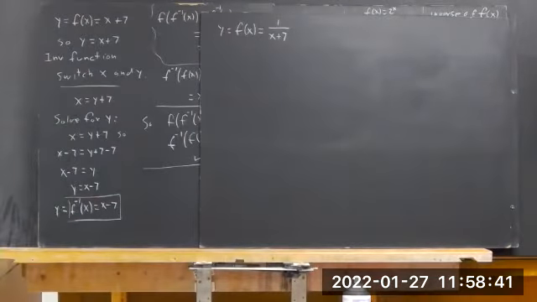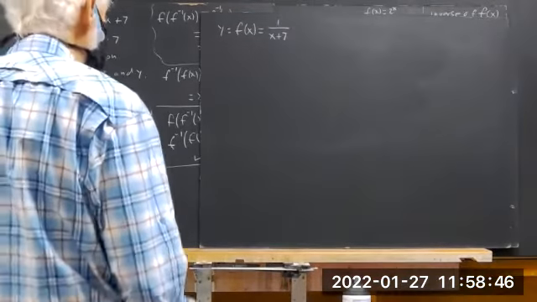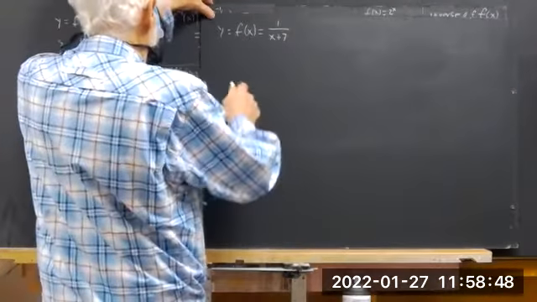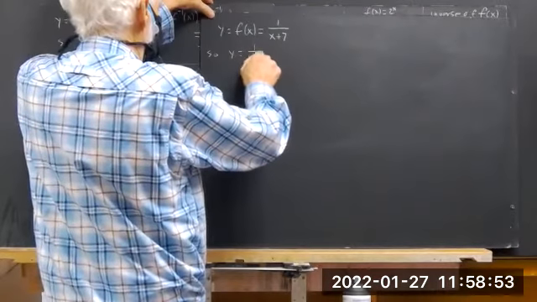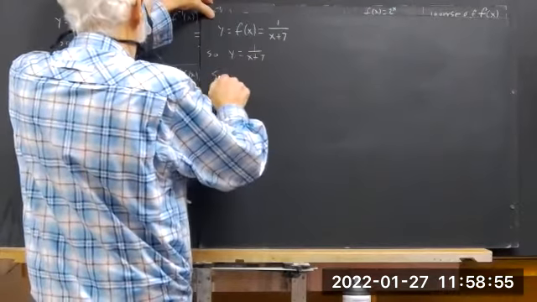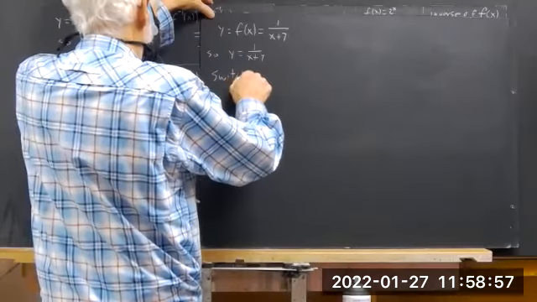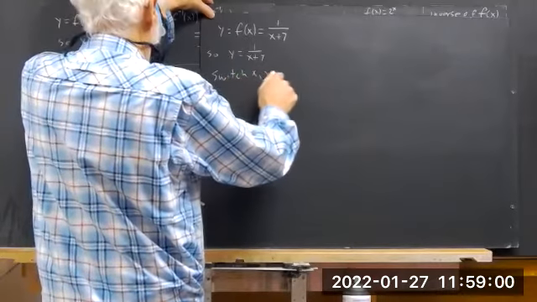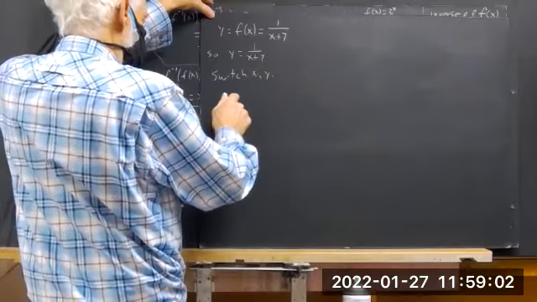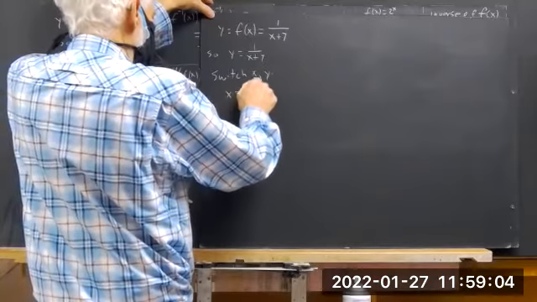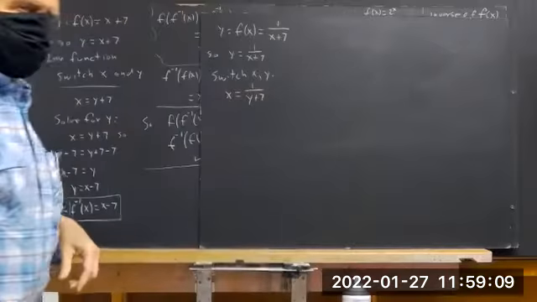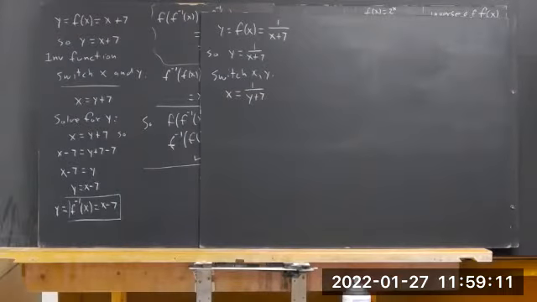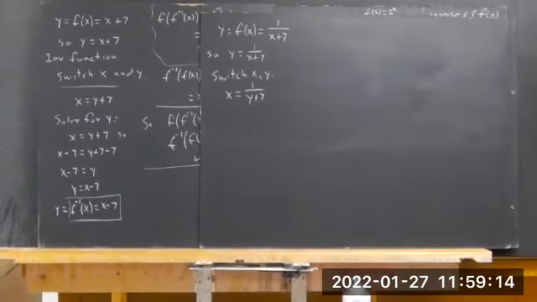And y equals f of x equals 1 over x plus 7. You switch x and y. You get x equals 1 over y plus 7. We solve for y.